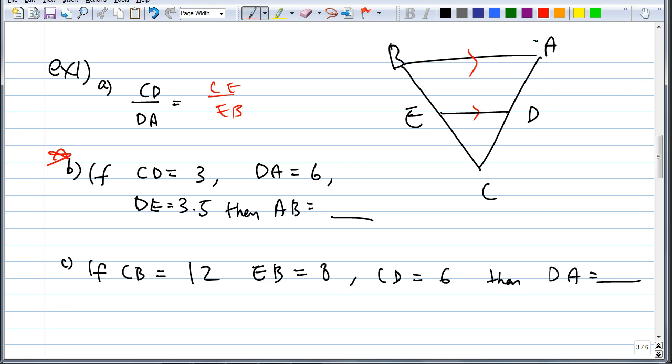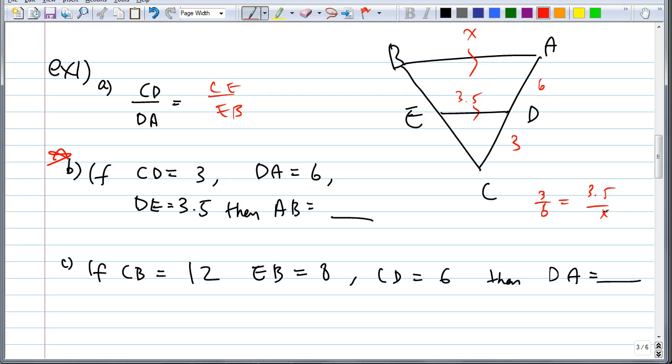That's not correct because can I do this? Let me write down what I have. CD is 3, DA is 6, right? And then they give us ED, which is 3.5, and let's call AB X. Can you do this? 3 over 6 equals 3.5 over X. Can I do this? Why not? This is how you got 7. This is not how you do it.